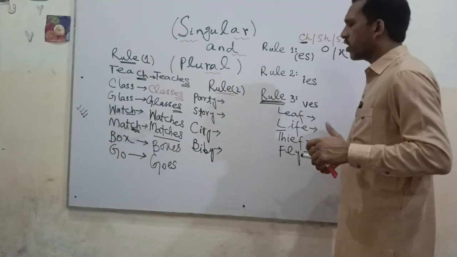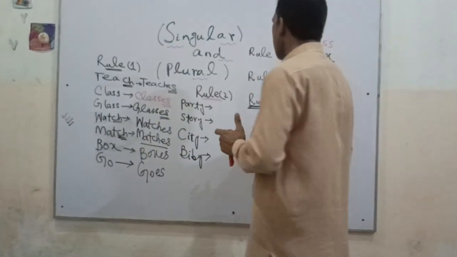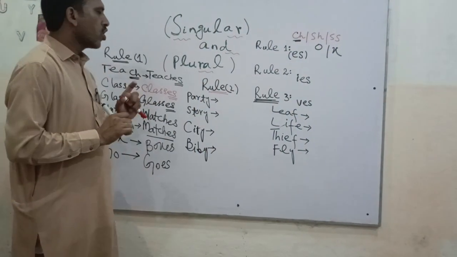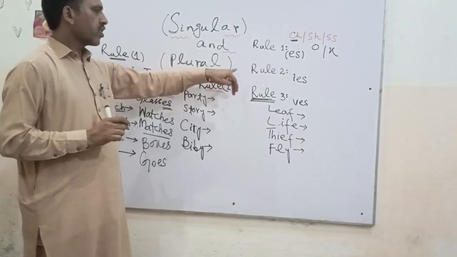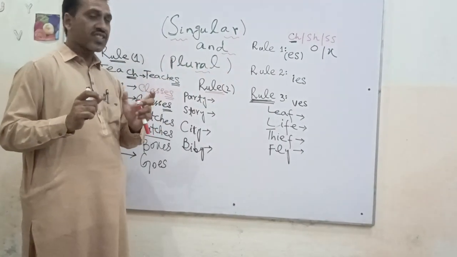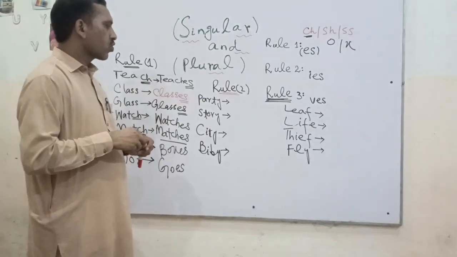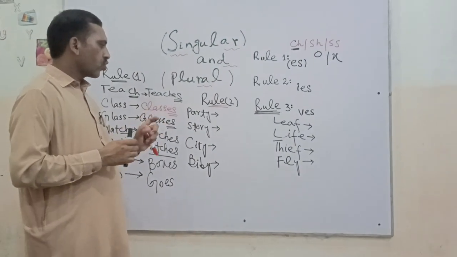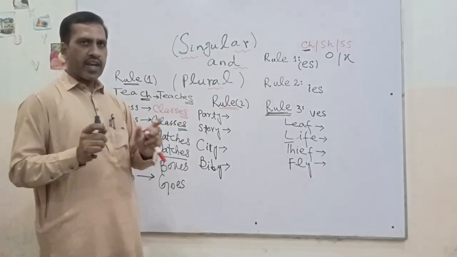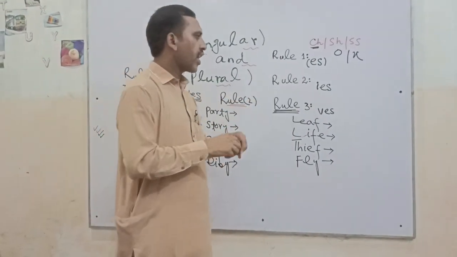Now we can discuss rule number 2. Rule number 2 is that nouns or verbs that end with y, we make plural by cutting y and adding ies.